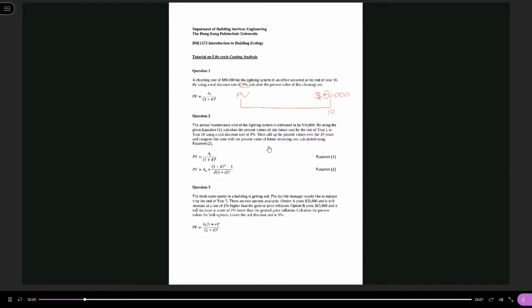This is the real discount rate D. So 80,000 is AT, the amount of money that we need to pay at time T year, and the discount rate is D.